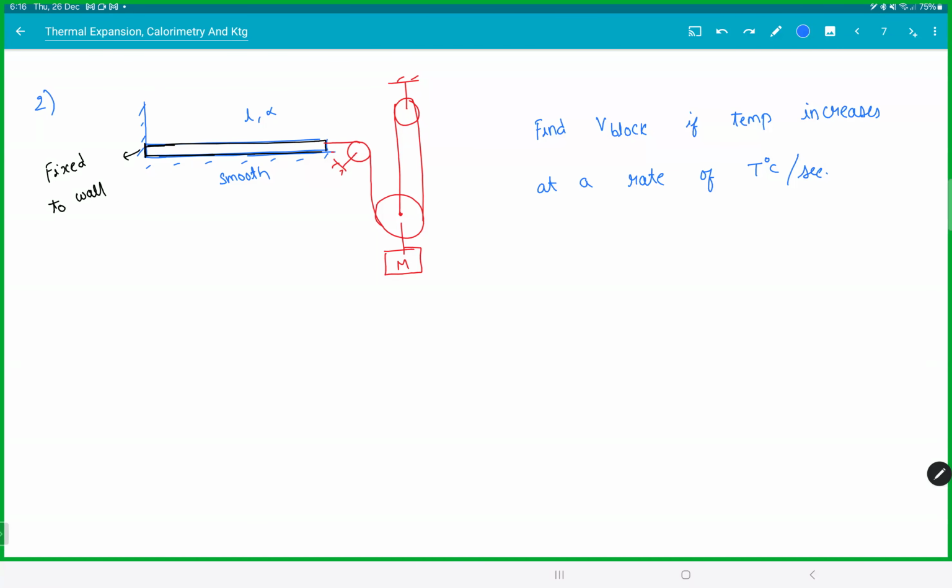Right, Vihan. Others, get it? L alpha t by 3.